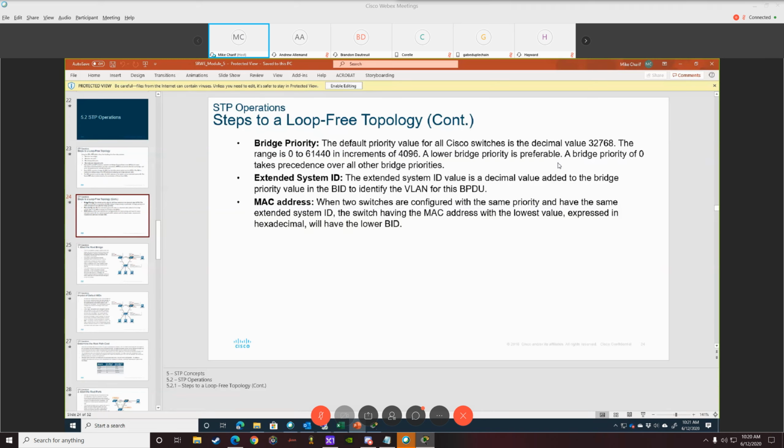Whichever bridge has the lowest priority is going to win the election and be the root bridge. And the extended system ID basically identifies the VLAN, okay? And of course, we have the MAC address, those three fields that we're talking about.